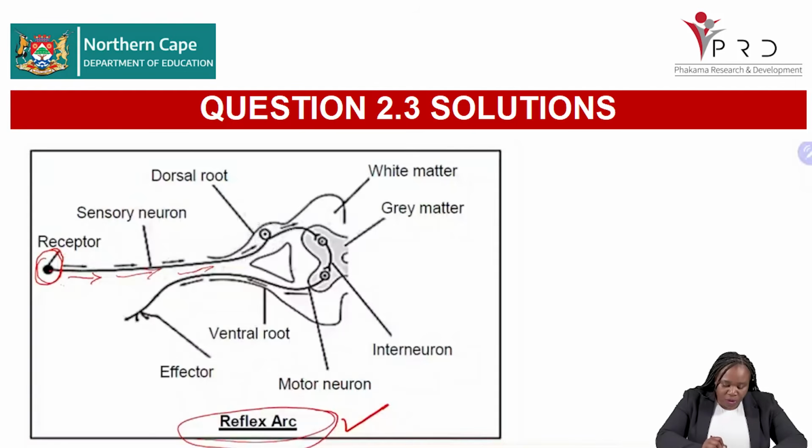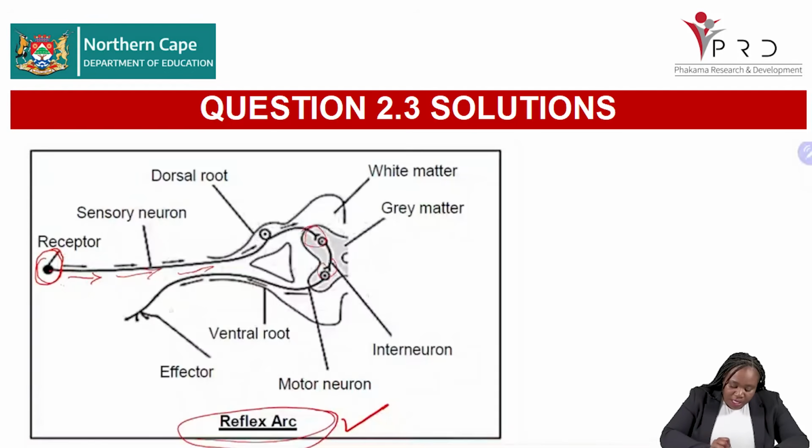Now, once you reach the central nervous system, indicate that we have the connector neuron, right? So where the motor neuron and sensory neuron end, you can show the connector neuron. You can also show the synapse over there, right?